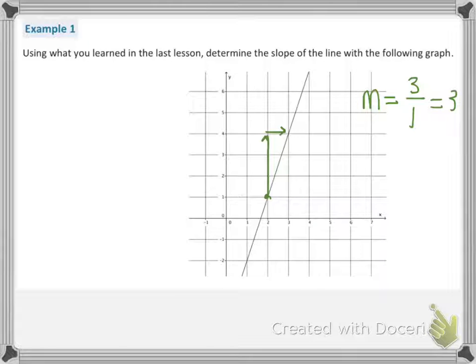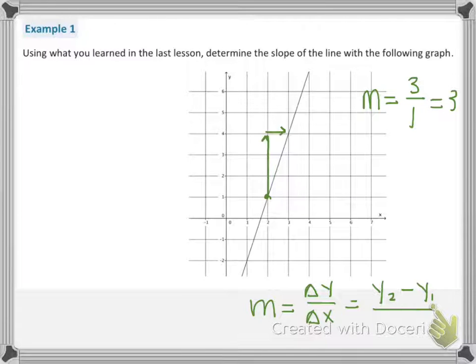As long as we have a graph, we can certainly do that, but we're not always going to have a graph. At some point, we're just going to have an equation and maybe a few points, and we need to be able to calculate the slope. So we're going to use an equation to help us calculate slope, and it's just the change in y over the change in x. Well, how do we find that? We just take one of the y's, we'll call it the second y, and subtract away the first y.